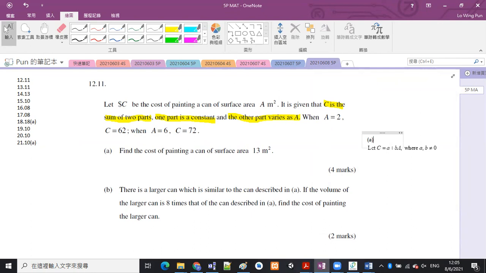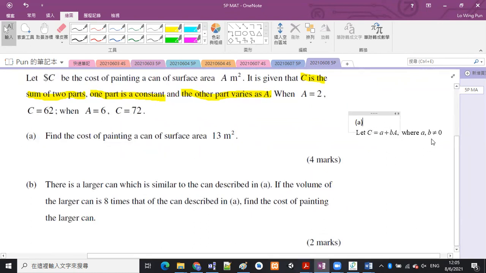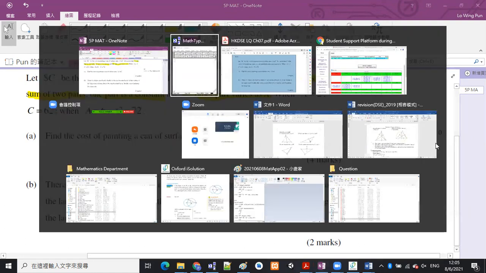Can you see the words? Okay. I mean those. And so normally the question will give you two sets of numbers. Two groups of numbers. First group is when A equals 2, C equals 62. And then we will substitute A equals 2 and C equals 62 into our equation.